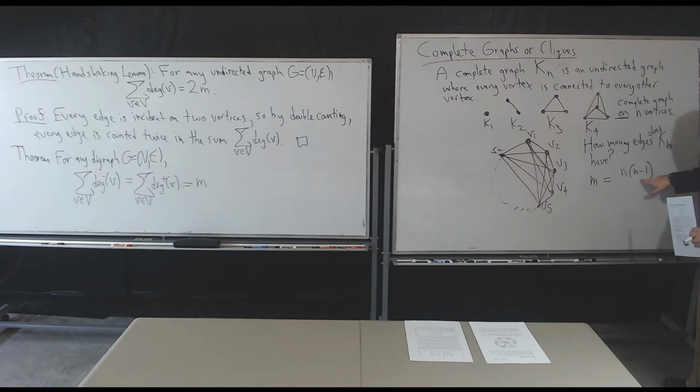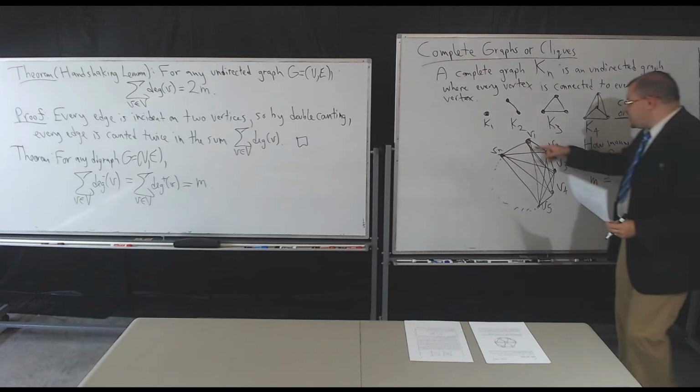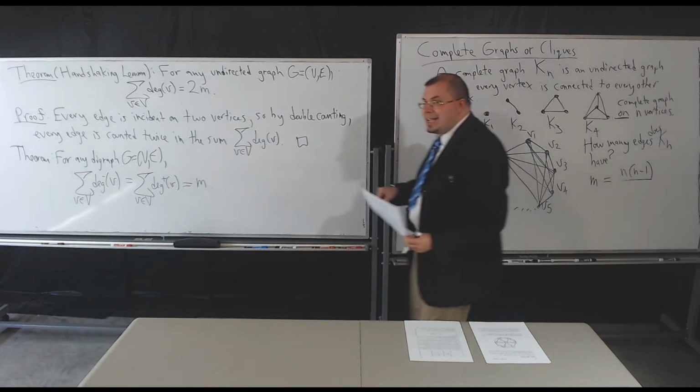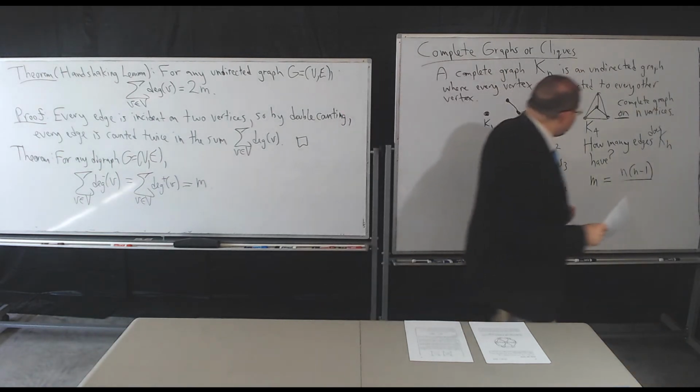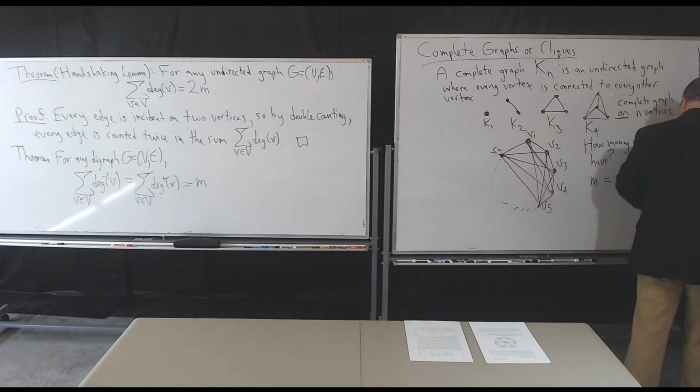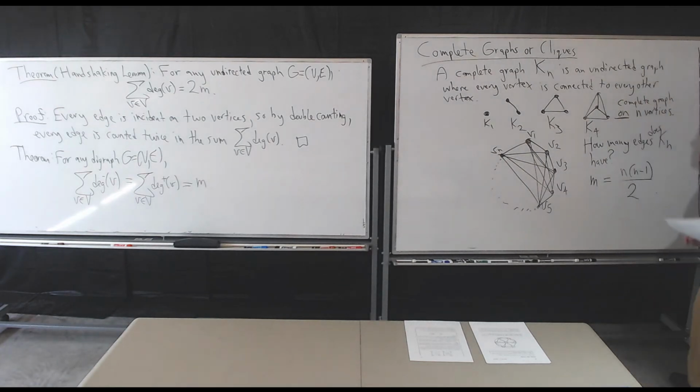So it means I have n times n minus 1, but notice that I'm double counting them as I'm doing this. So when I introduce another edge, I might potentially be putting back in another edge. So how many times can that possibly happen? Well, it's half that count. So this is the total number of edges Kn, or the complete graph on n vertices, has.